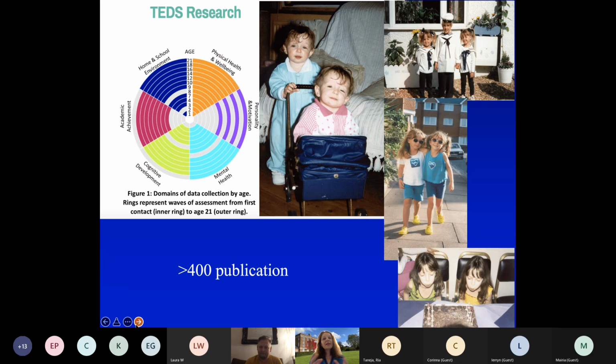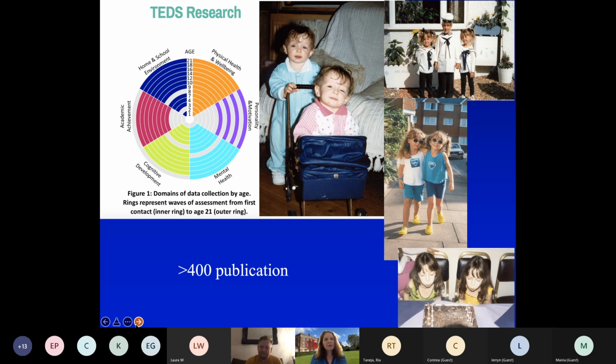So in TEDS, many different things are investigated. More than 400 publications have been published. In this study, we research all kinds of aspects: home and school environment and the influences of environment on development, physical health and well-being, personality and motivation, mental health, cognitive development, and academic achievement.